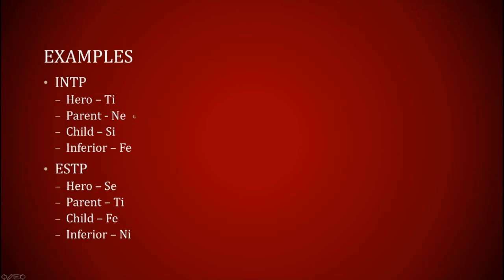So like I've been saying, you really just need to get one on board. You have to either get the hero or the inferior, or you have to get the parent or the child, because they are linked. What affects one will affect the other. Another example here, ESTP. They got SE hero, TI parent, child is FE, and fear is NI.